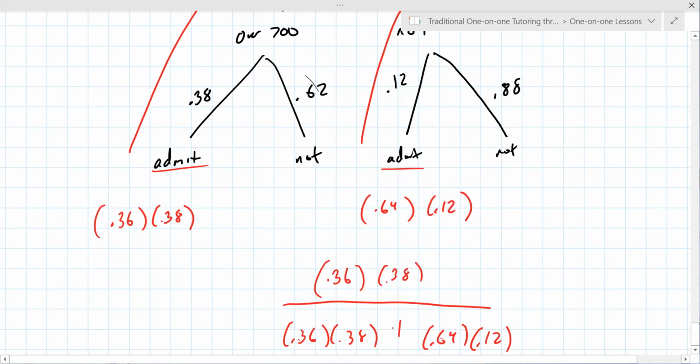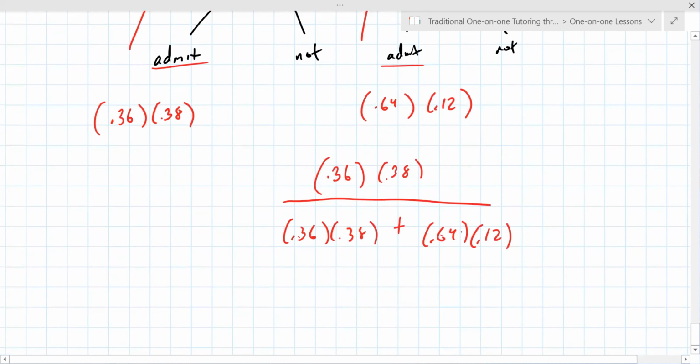And like I said in the previous problem, you take one of these numbers or the other, and it goes in the top. I got 0.64.